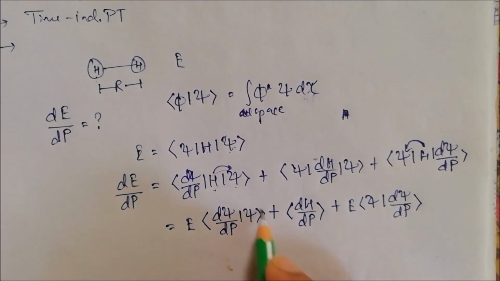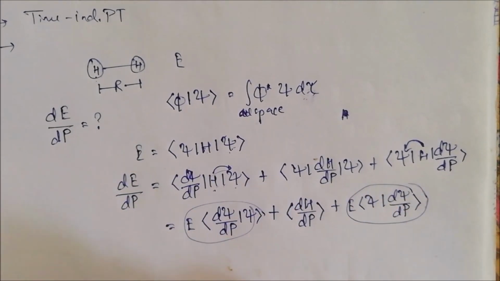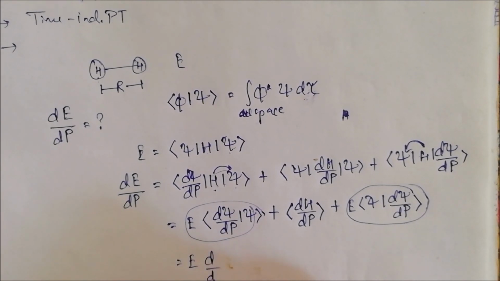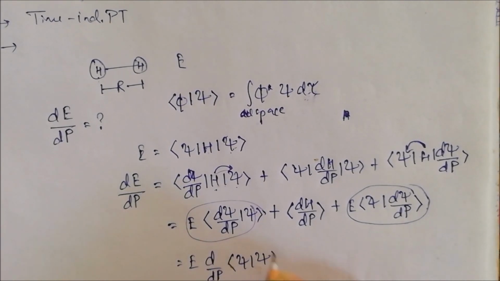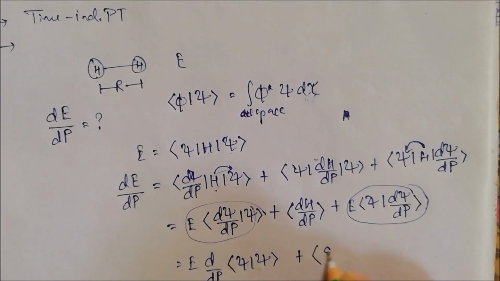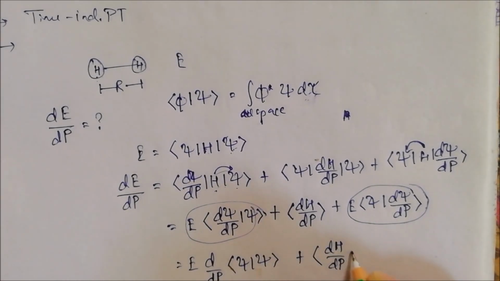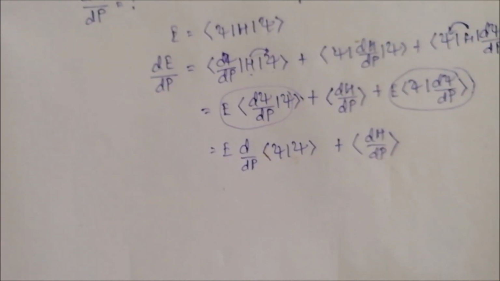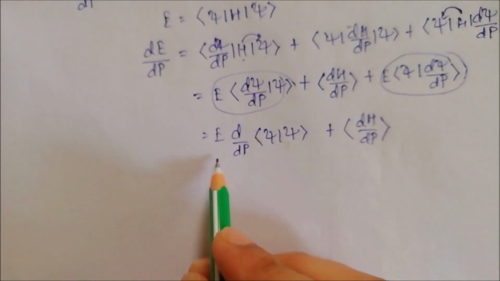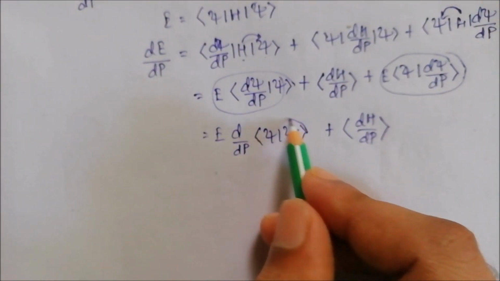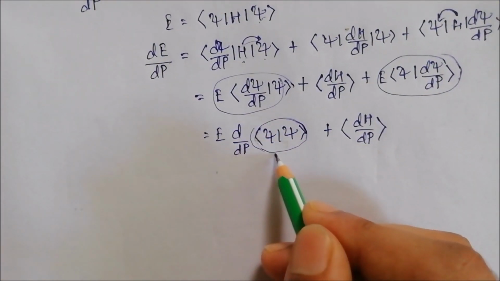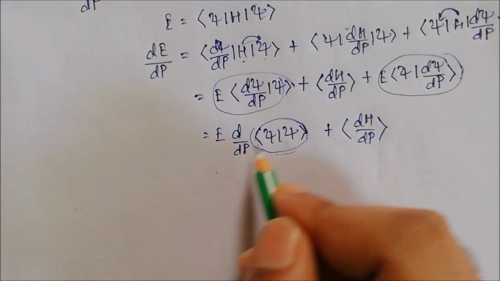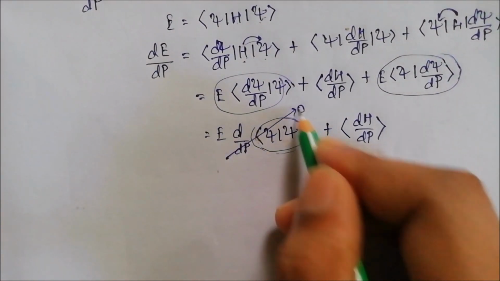Now if you combine these two terms, you will see that it's just the normal differentiation of this inner product, and here we have the expectation value of the change in Hamiltonian with respect to this parameter. The inner product is just a constant, so its differentiation is 0, and this term goes to 0.